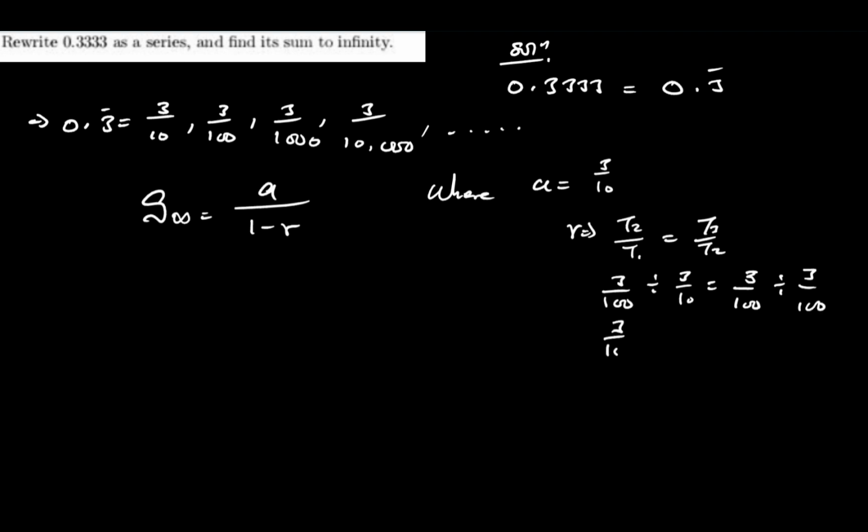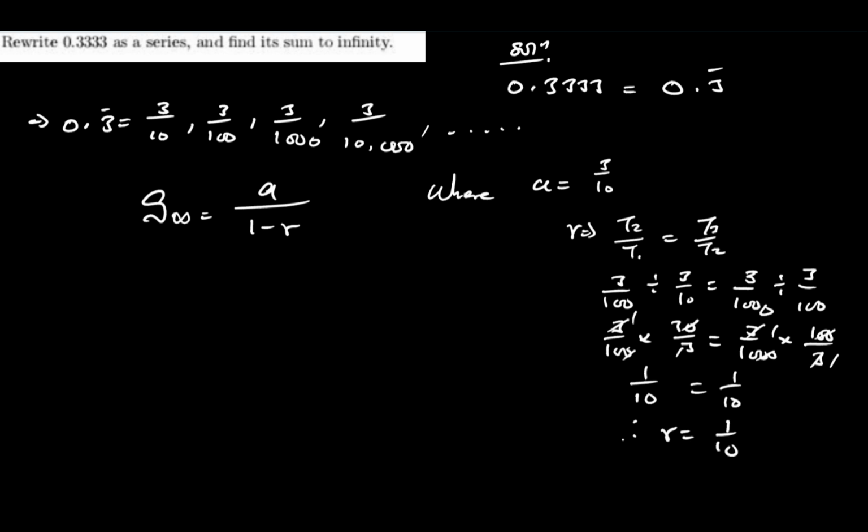So I have 3 over 100 times 10 over 3 being equal to 3 over 1000 times 100 over 3, should be 1000 somewhere here if I'm not mistaken. So here, yeah, like that, sorry about that. So this will give us, that will cancel out. So we have 1 over 10, that one, that one. So we also have 1 over 10 this side. This tells us that r is equal to 1 over 10.